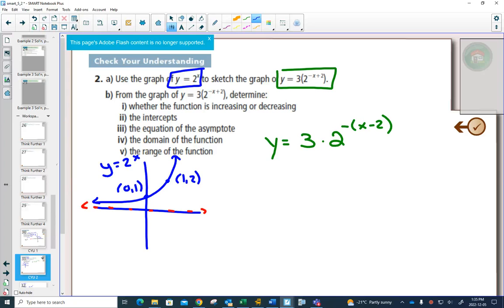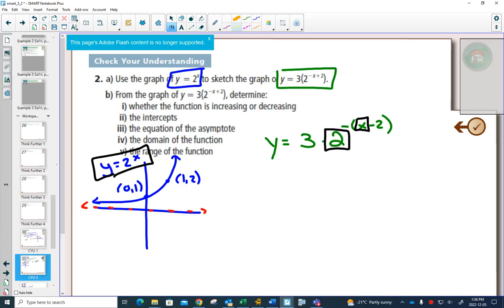Now, another thing I like to do in these questions is put a box around the 2 to the x to remind myself that is part of my parent function. The 2 is not a transformation.